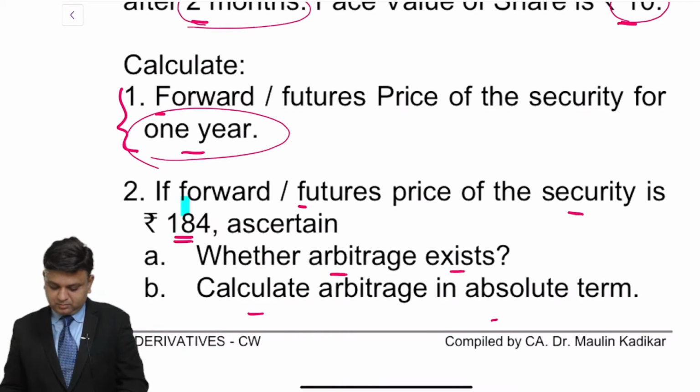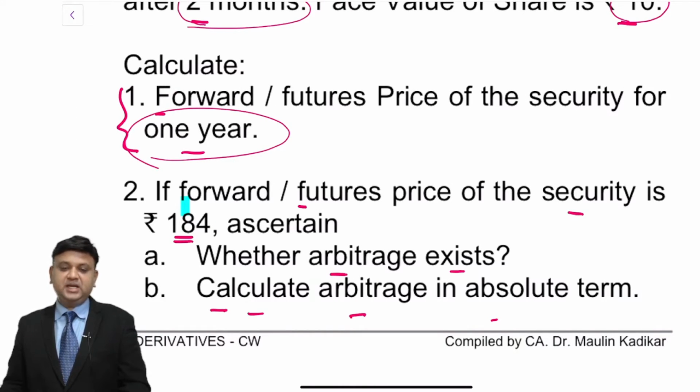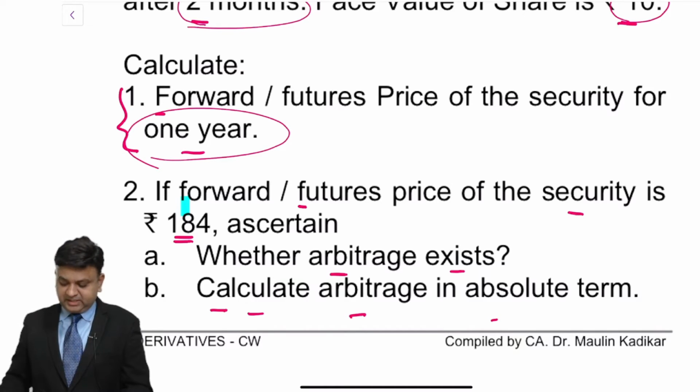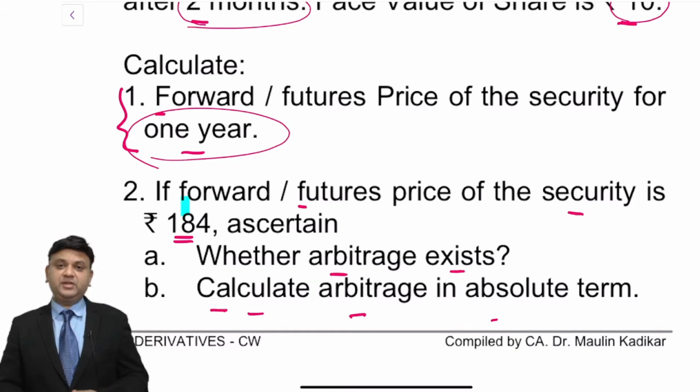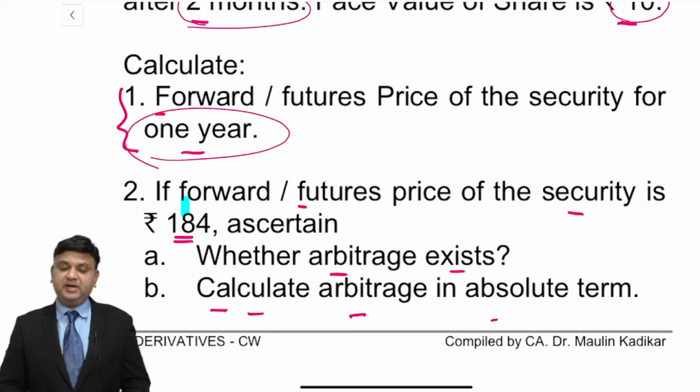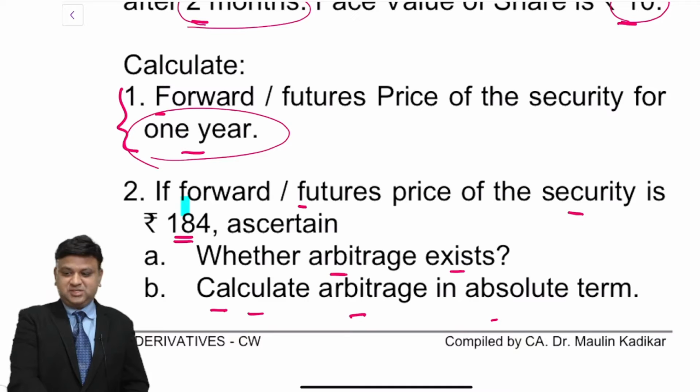Question number 2B is, calculate arbitrage in absolute terms. I want you to write in the chat box the transactions in which you will enter today and the amount of the arbitrage that you will have at the end of the year. I want you to write these two things in the chat box.